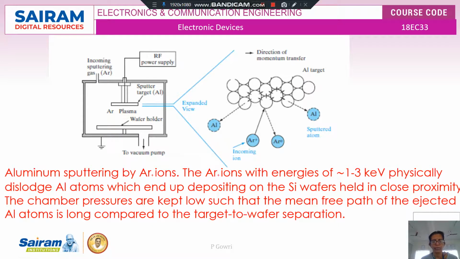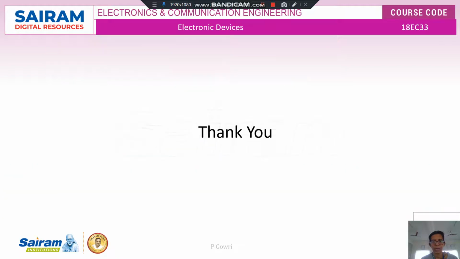Here the chamber pressure is kept very low, so that the mean free path of the ejected aluminum atoms is long compared to the target-to-wafer separation. In this diagram we can see that the argon material, when it is incoming, hits the aluminium and releases the aluminium from the target. There is momentum transfer, and because of this, the metallization process happens.